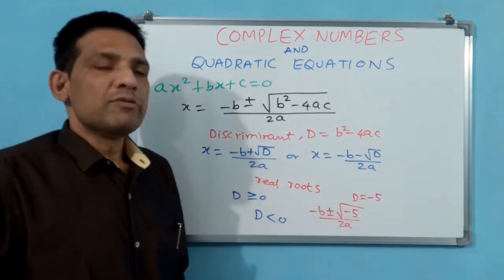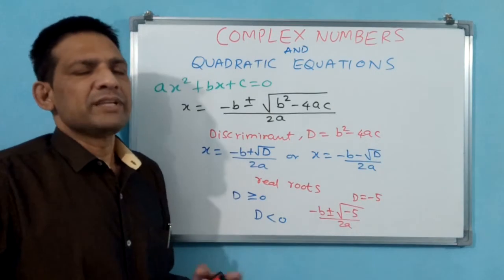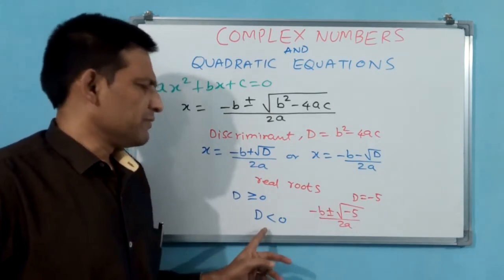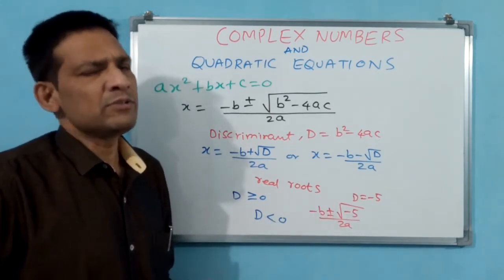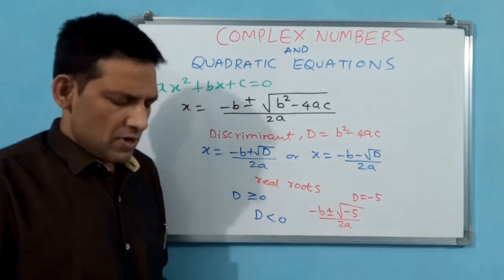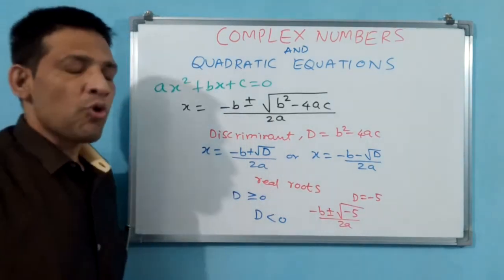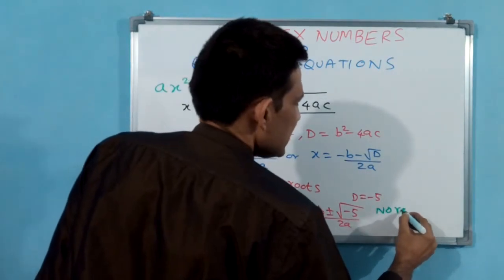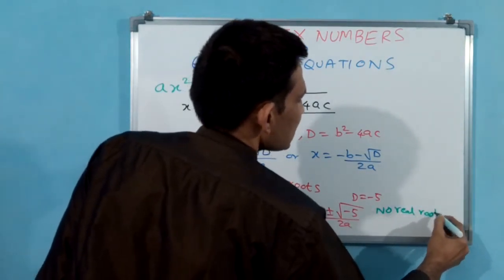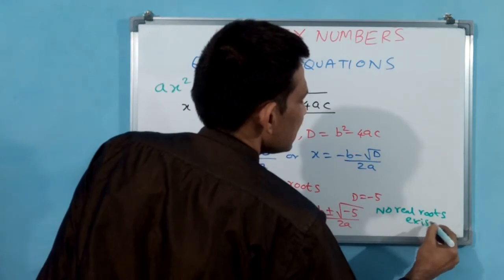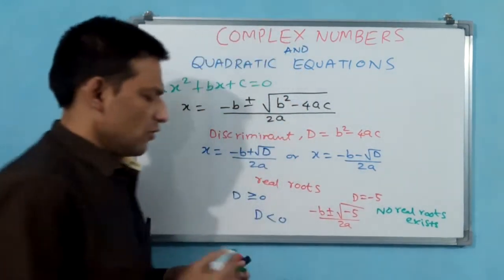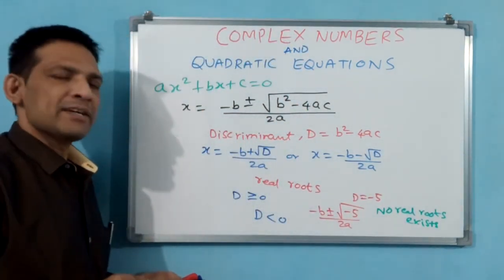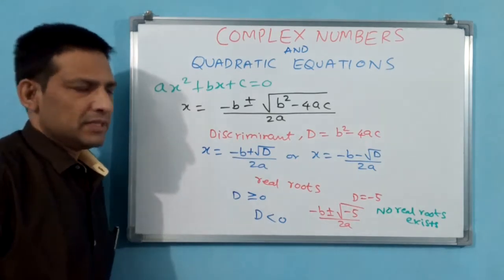Do you have a square root for a negative value less than 0? If D is less than 0, do you have the value? No. What you are going to write is: no real roots exist. You write like this and close the question normally.